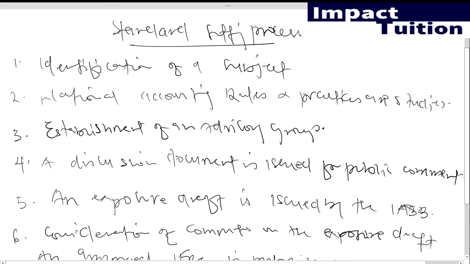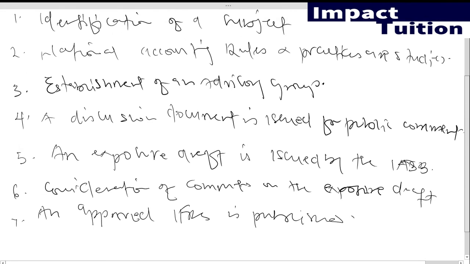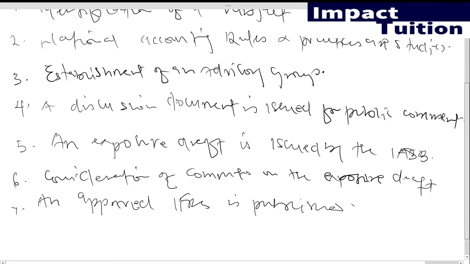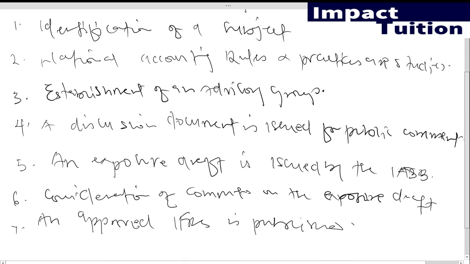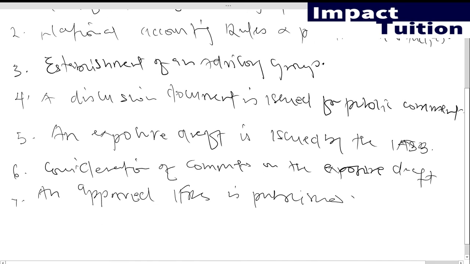There's then an establishment of an advisory group to advise the IASB concerning the subject matter, after which a discussion document is issued for public comment. After receipt of public comments, an exposure draft is issued by the IASB. Then there is consideration of comments on the exposure draft, and then finally an approved IFRS is published.